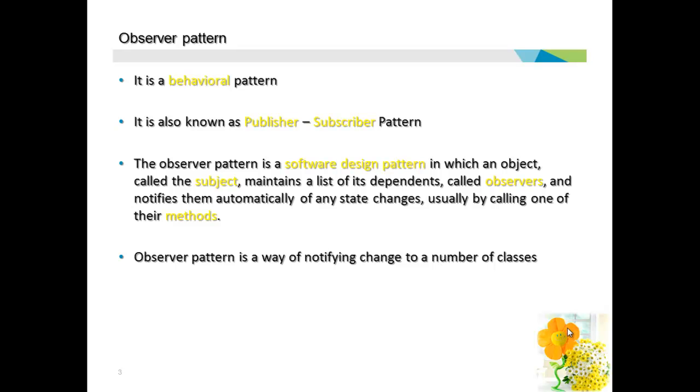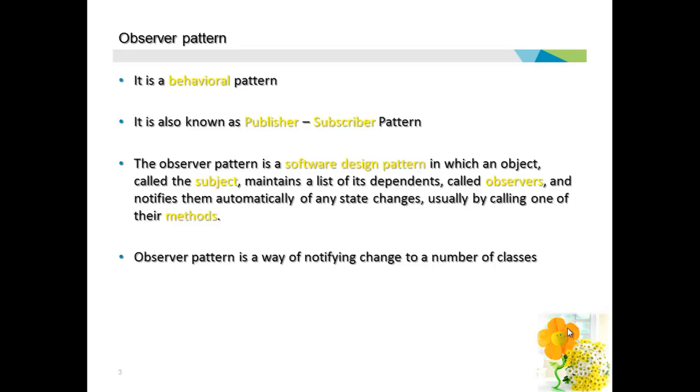Let's take another example. In Twitter, we follow different actors, politicians or musicians, and those are called the subject, and consider yourself an observer. When your subject, meaning your favorite actor or politician, tweets, what happens? We get an update.